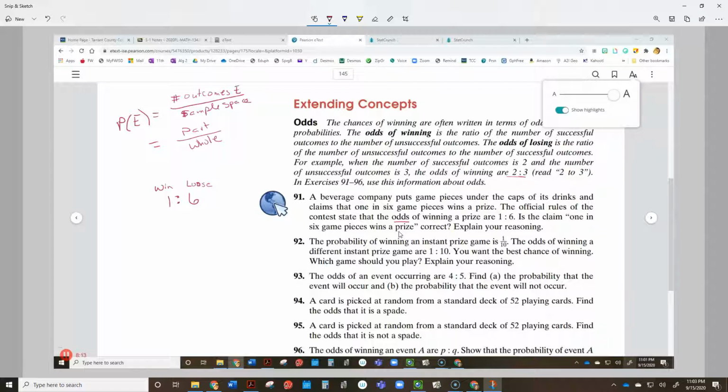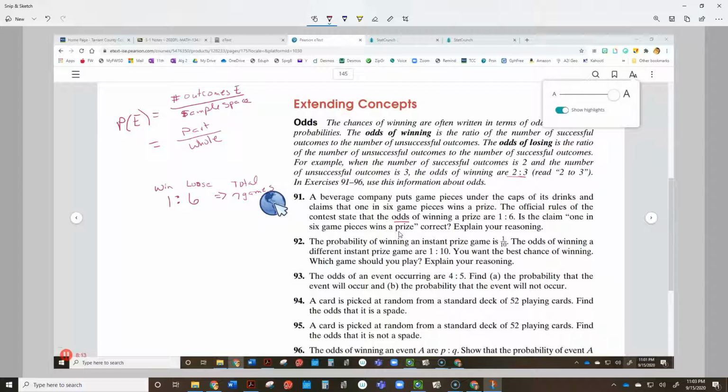Win, lose. So it doesn't give you a total, it doesn't give you a whole amount. So what this is saying, if the odds of winning a prize are 1 to 6, then one game is going to be a winner, 6 games are going to be a loser. That's a total of 7 games.